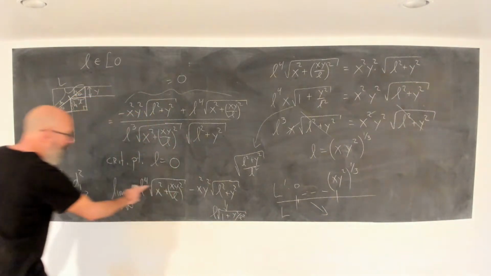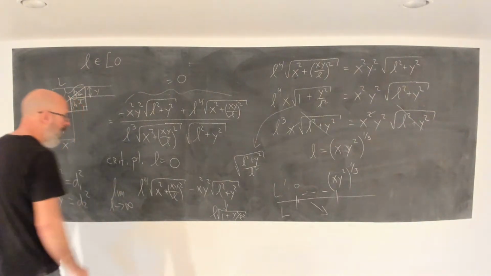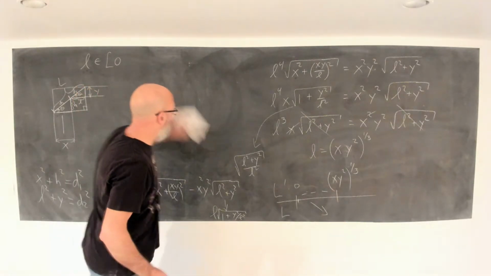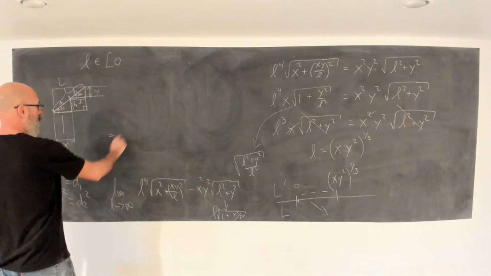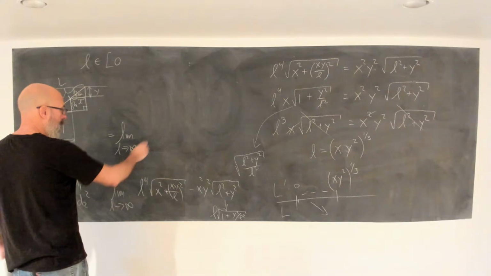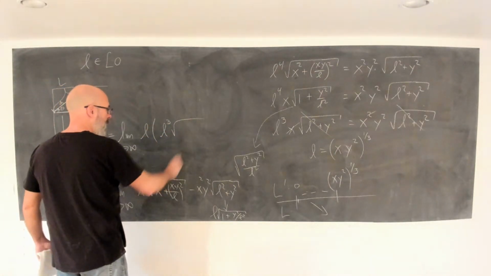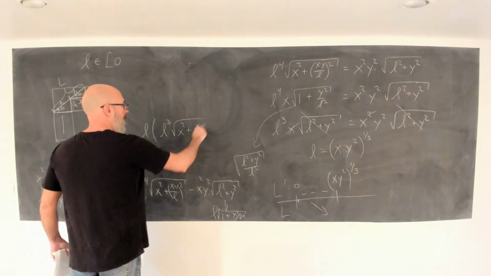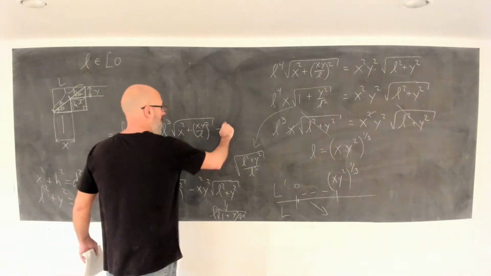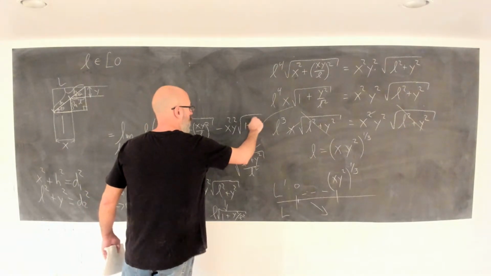So if you factor out an L from the whole thing, you'll be left with, if you factor out an L cubed, square root of this, minus x squared y squared, square root of 1 plus y squared over L squared.